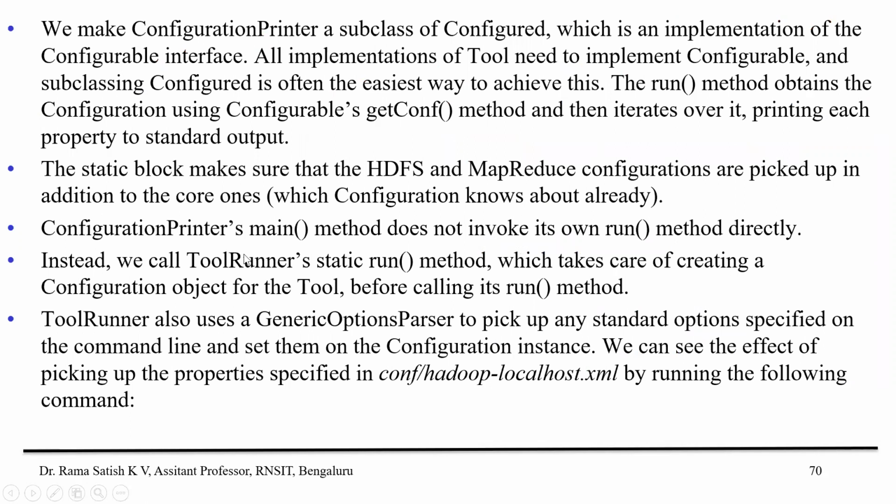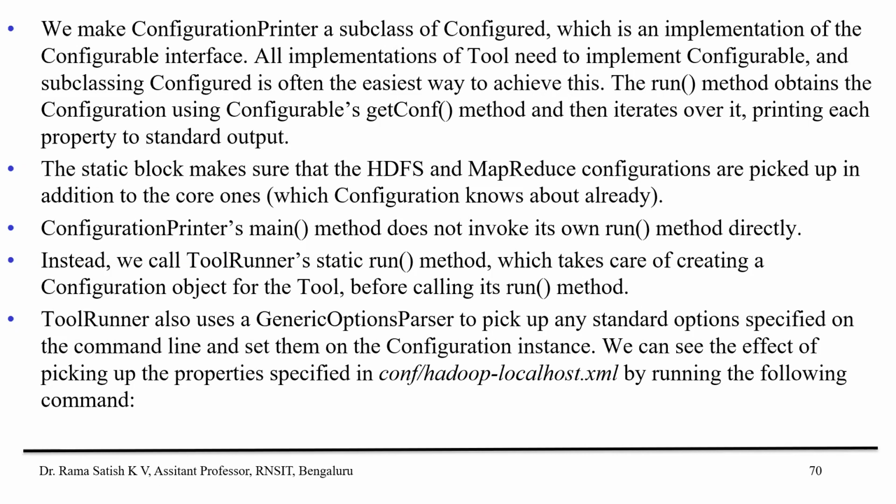So we can make ConfigurationPrinter a class of Configured, which is an implementation of the Configurable interface. All implementations of Tool need to implement Configurable, and subclassing Configured is often the easiest way to achieve this.